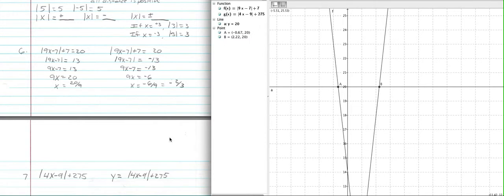Another problem that I saw on a student's test was something like what you see here for number 7, and I think it was incomplete. I didn't see the test question. I think what they were trying to do was identify the graph. So you have to understand with absolute values, the standard equation for absolute value is a times the absolute value of x minus h plus k.